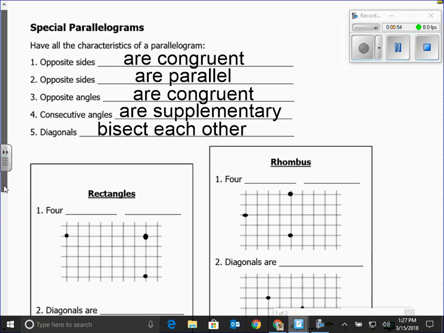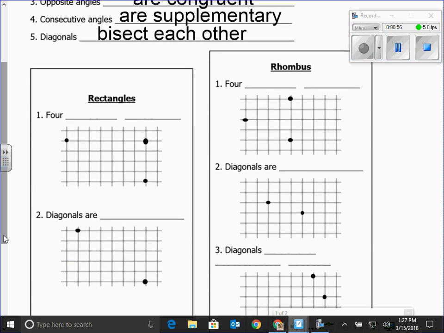All right, so the first one we're going to discuss is a rectangle. Okay, so you guys are very familiar with a rectangle. A rectangle, in order for it to be a rectangle, has to have 4 right angles. And so when we have to complete our rectangle here, we also know that rectangles, just like parallelograms, have opposite sides congruent and opposite sides parallel.